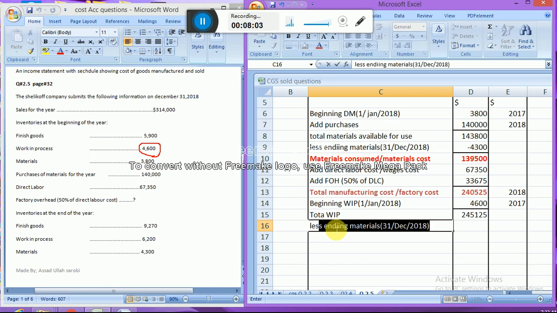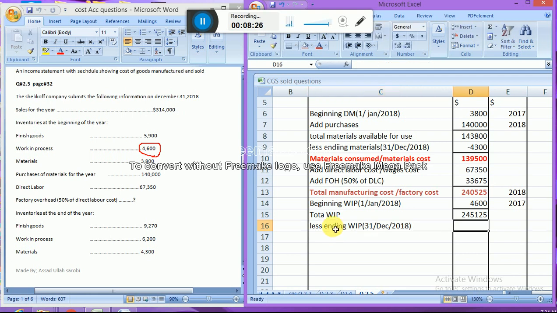Now this is the ending work in process for the year 2018. So less ending work in process, on 31st December 2018. Clear? How much? Minus. In the question, the inventory at the end of the year is given.